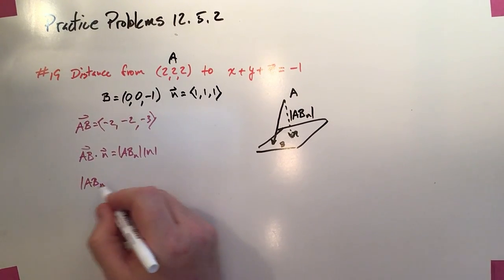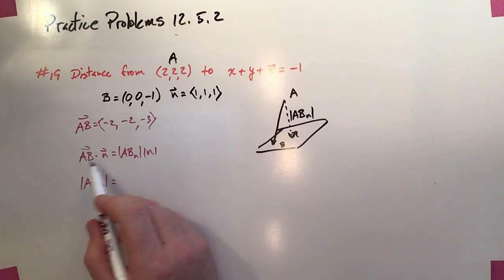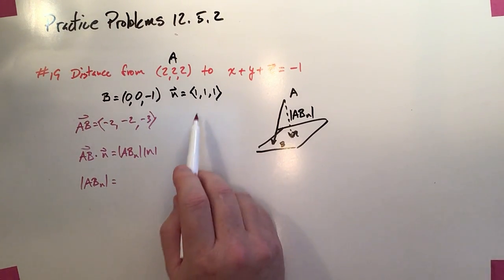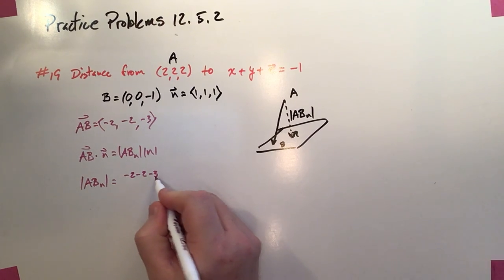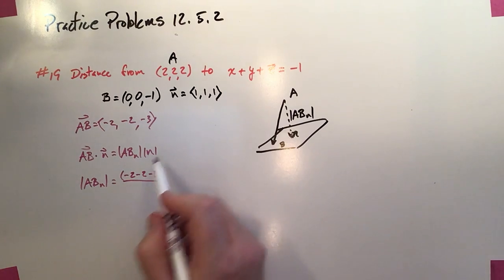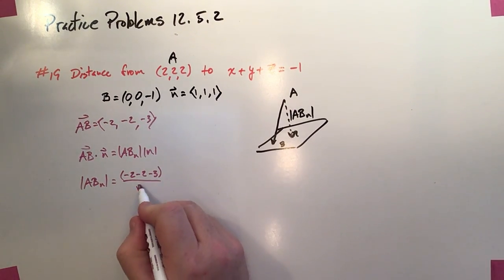AB in the normal's direction, which will be the distance that I'm actually after, is going to be the dot product between AB and N. And of course, AB is here and N is here. So that's negative 2, minus 2, minus 3. And I'm going to divide that by the magnitude of the normal. Of course, the magnitude of the normal is going to be radical 3.